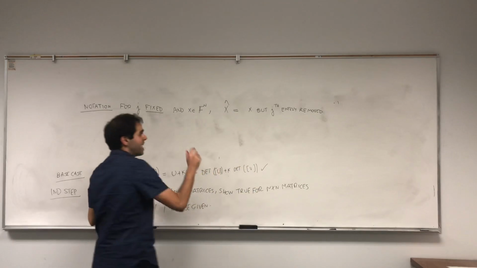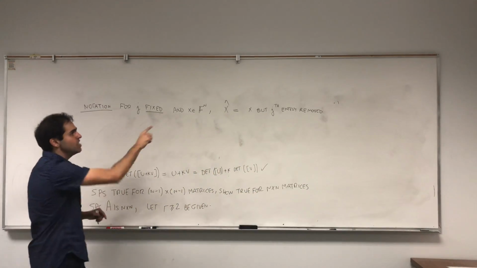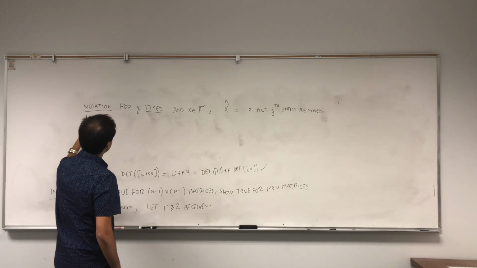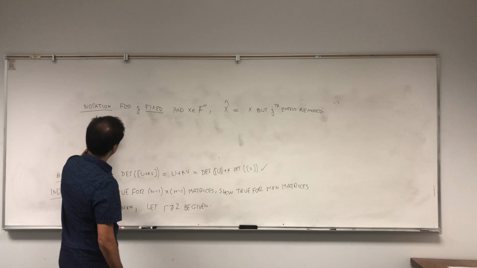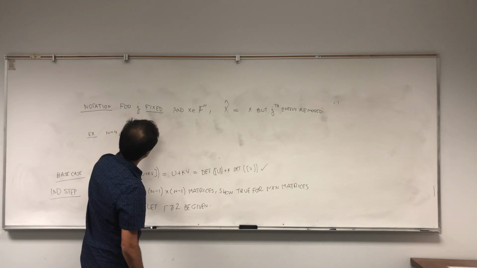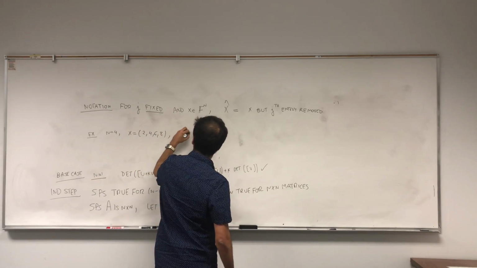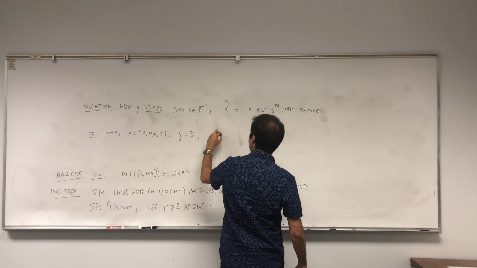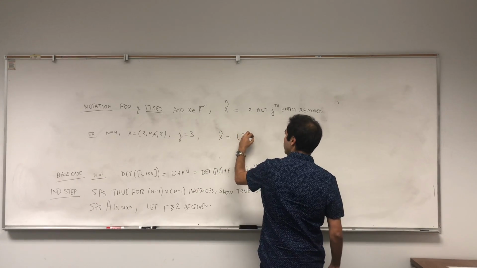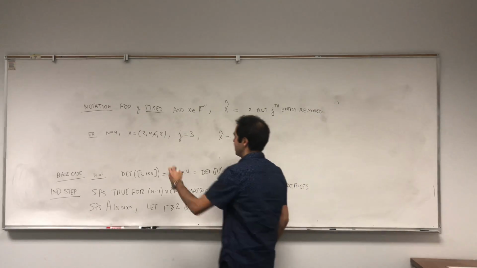Technically this hat has to depend on j, but to simplify notation, let's assume j is understood. For example, suppose n equals 4 and x is 2, 4, 6, 8, and j equals 3. If we remove the third entry from x, it just becomes 2, 4, 8.